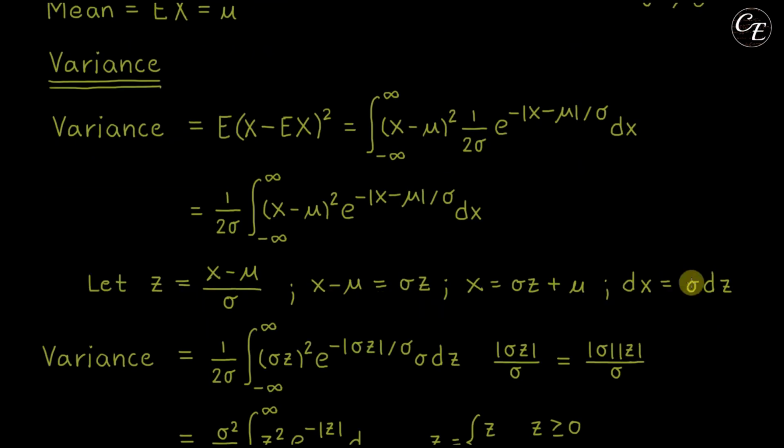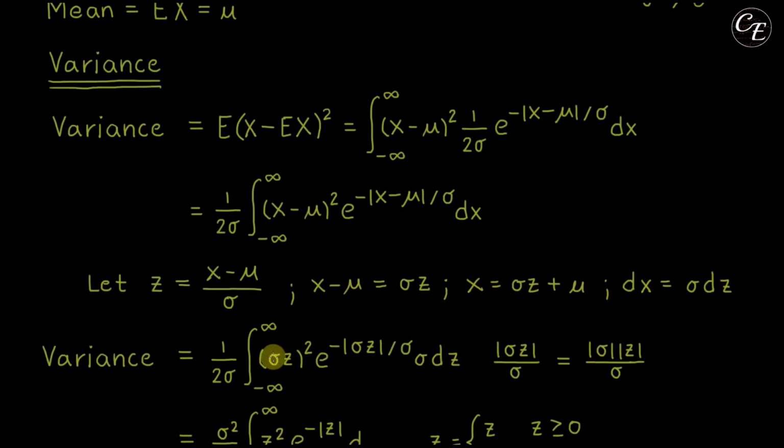Then substituting this in here, we have our constant from here. Then for x minus mu, we can use this sigma z, which is this one in here. Then for this x minus mu, we can also use this sigma z. Then for dx, let us use this one, sigma dz, so we have this one from here.